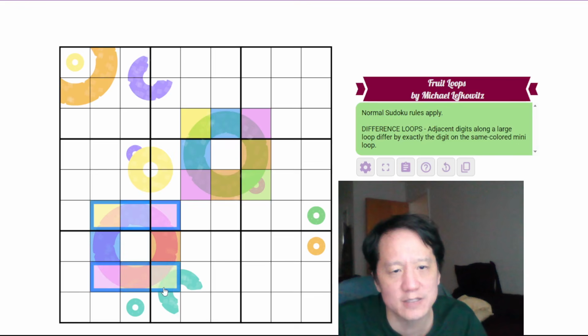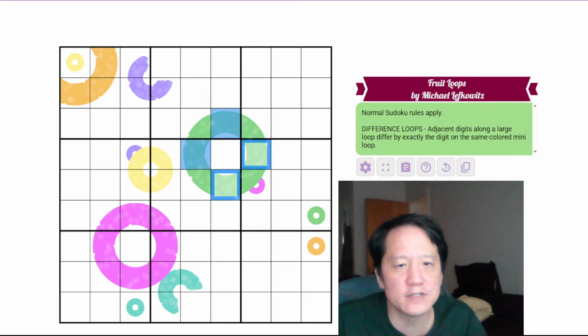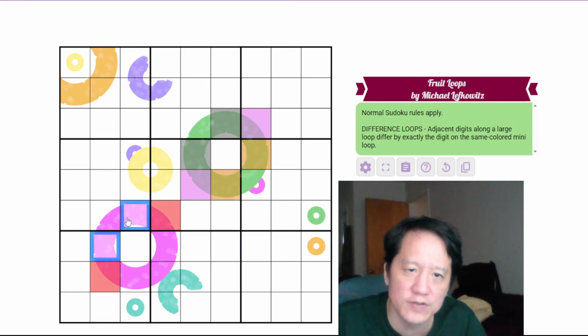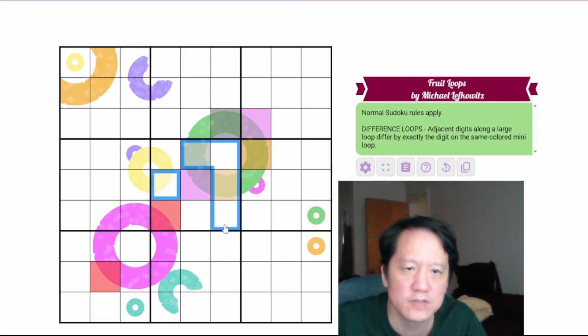So that's why it has to be this way. So we know that these two are the same digit, these two are the same digit, and these two have to be the same digit. We know this is the same digit as that. We don't know if these can be different than these.